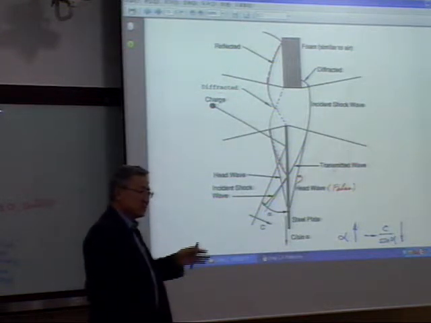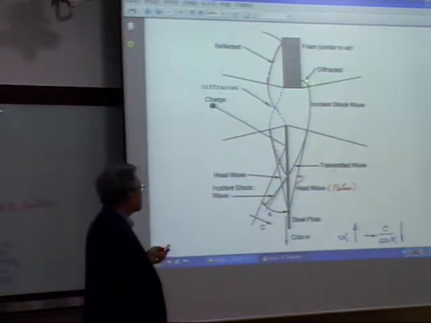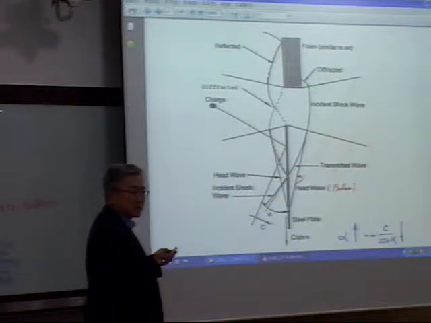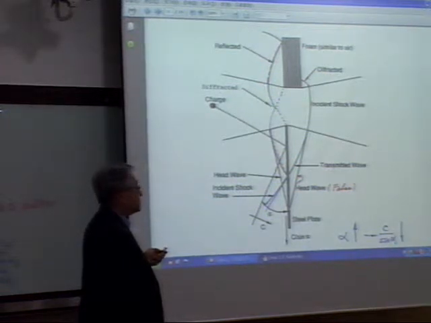It's due to the diffraction. So due to the diffraction, behind is a little bit light. This portion is also diffracted.